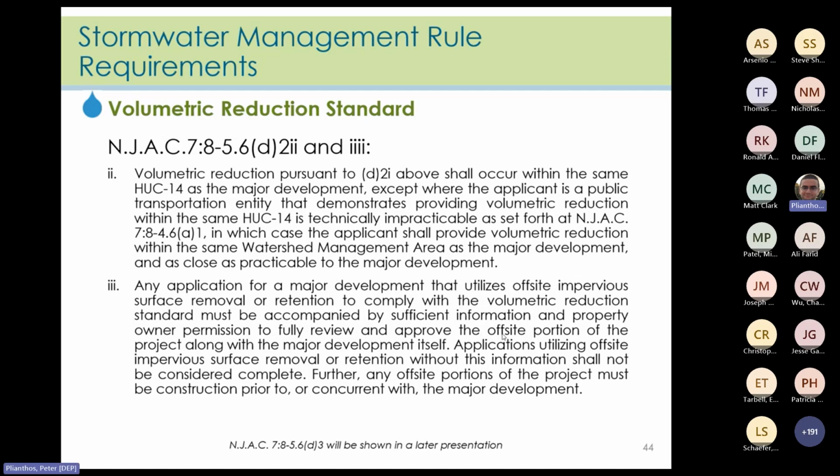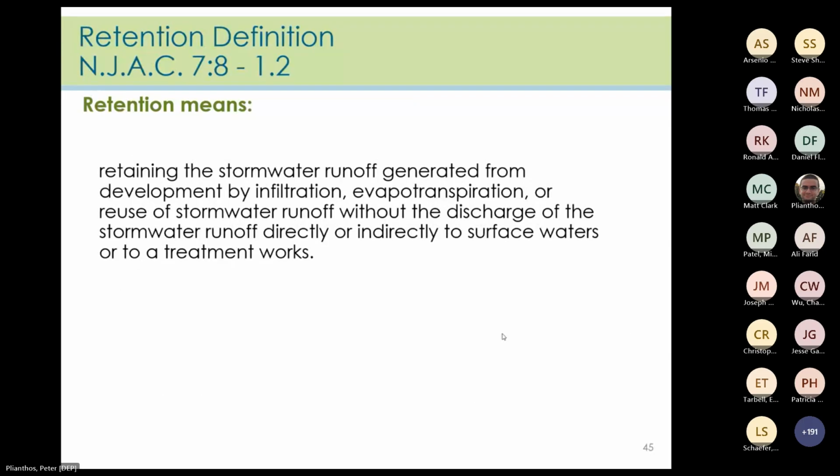And we will show NJAC 7:8-5.6(d)3 later in Module 4, which only applies to public transportation entities in certain circumstances. So part of understanding the volumetric reduction standard is understanding the term retention.